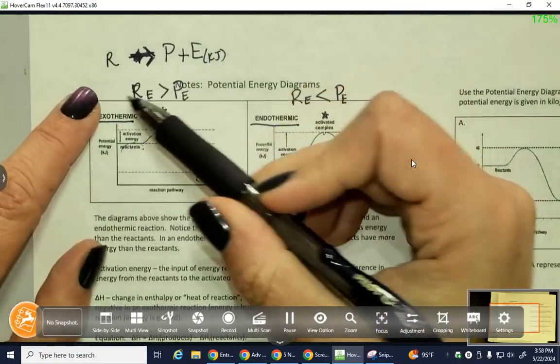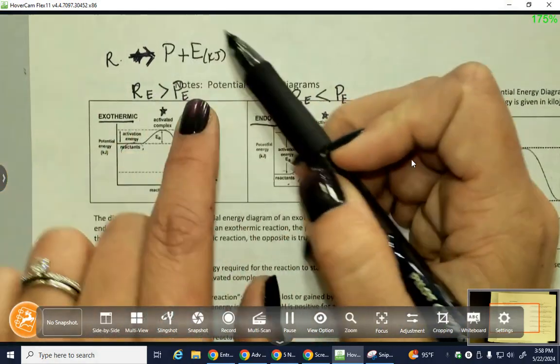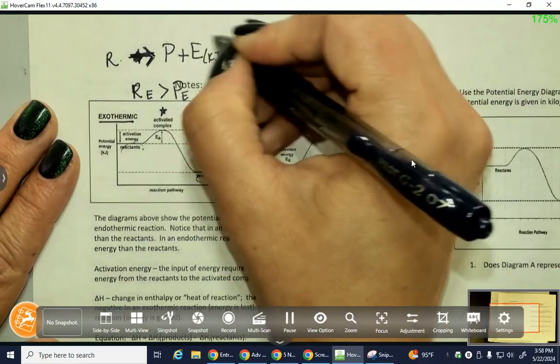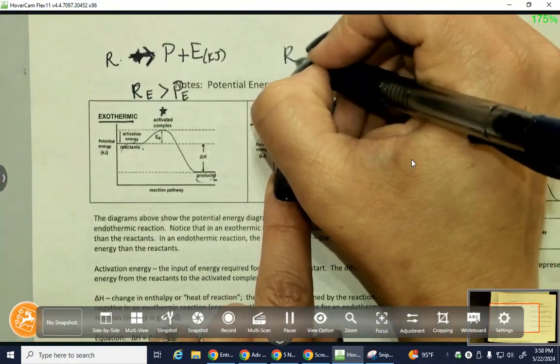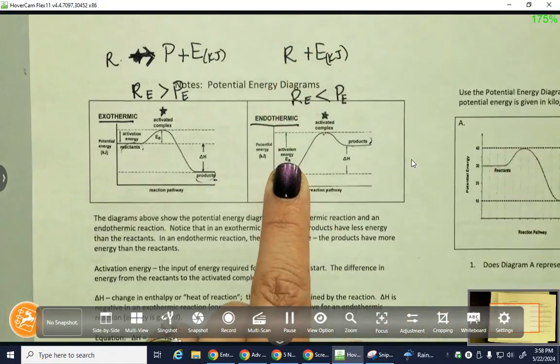Meaning I could have A plus B yields AB plus 5 kilojoules. So energy is a product over here. For an endothermic reaction, we would have reactants plus that energy. So it's another way to recognize endo and exo.